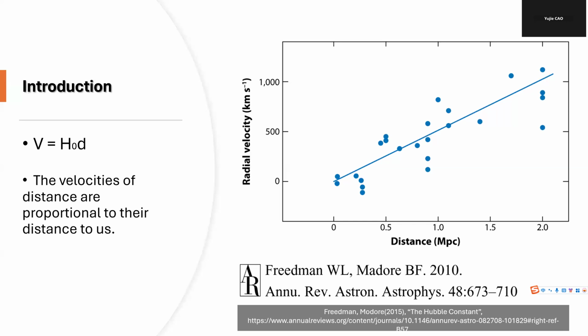The Hubble constant, denoted as H0, is a key parameter that describes the rate at which our universe is expanding. It is measured in kilometers per second per Mpc. Simply put, it tells us how fast galaxies are moving away from us as the universe expands.